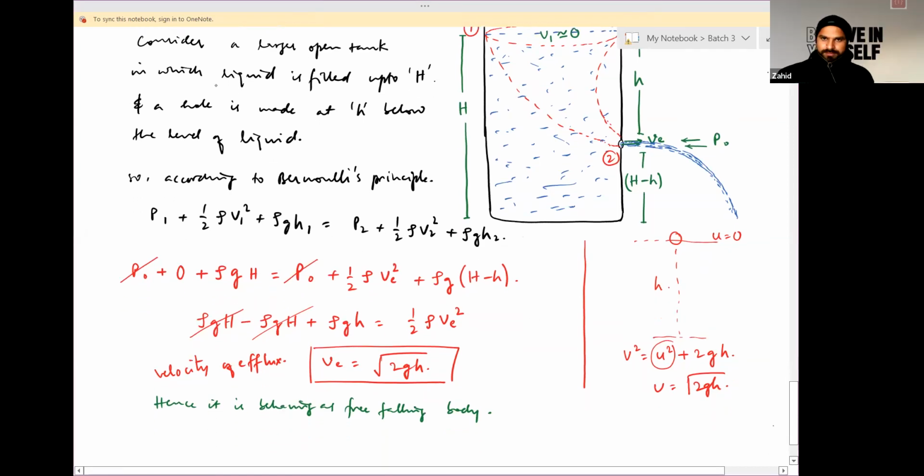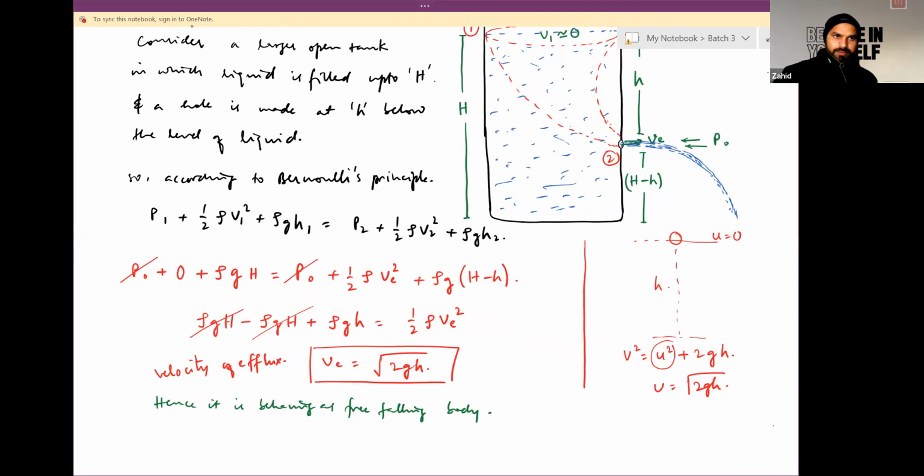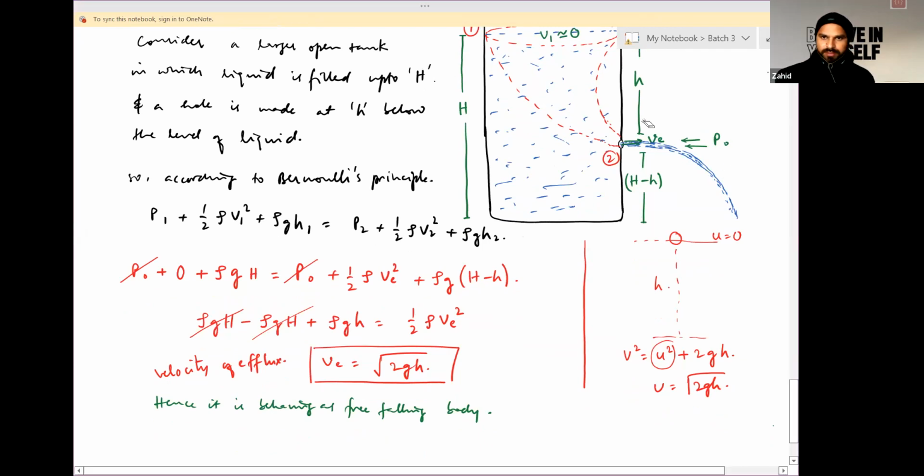Now just see this particular geometrical parameter, this particular path only. It is behaving just like projectile motion, or horizontal projectile, in which a body is projected horizontally with some velocity v from some height H minus h.